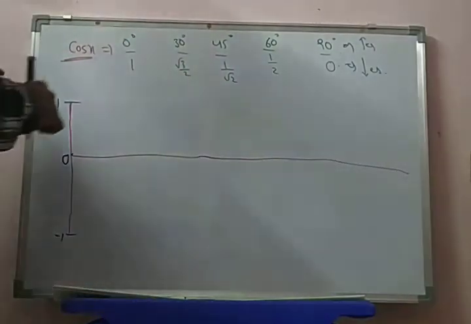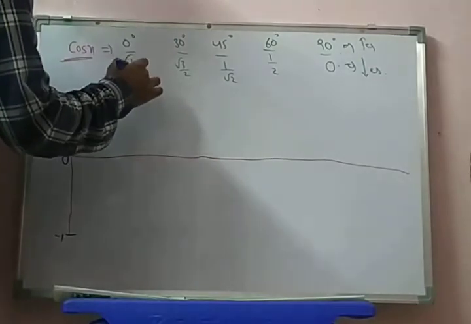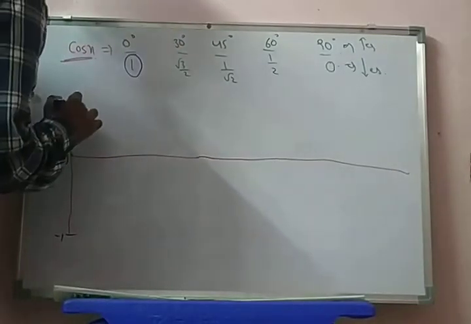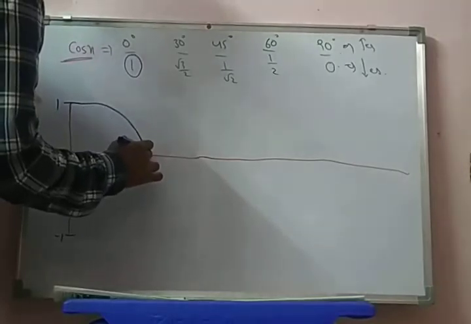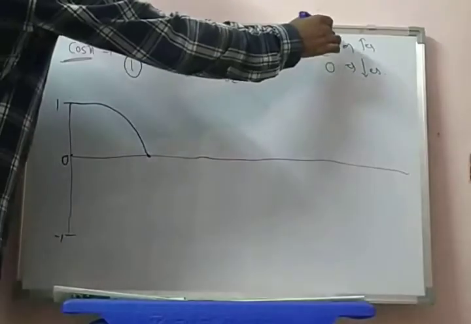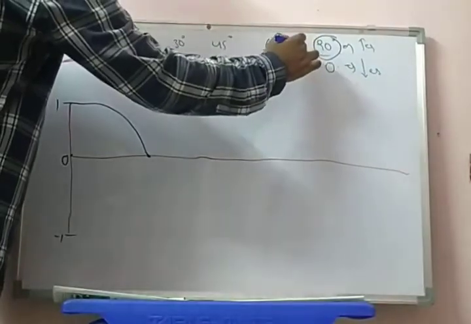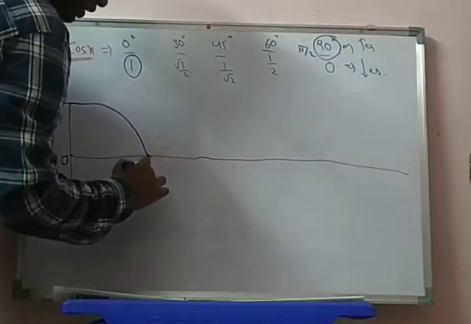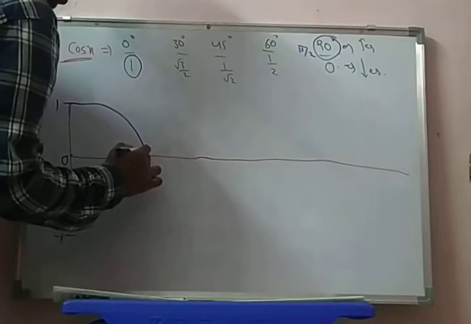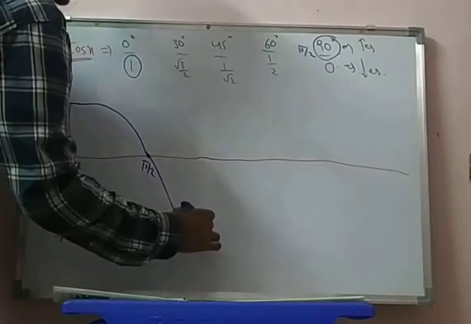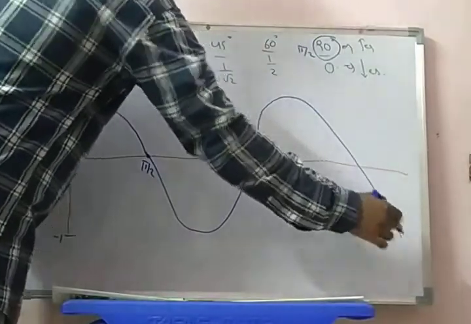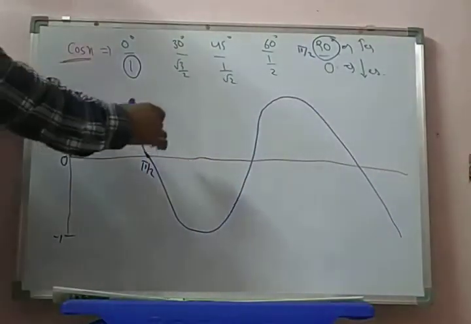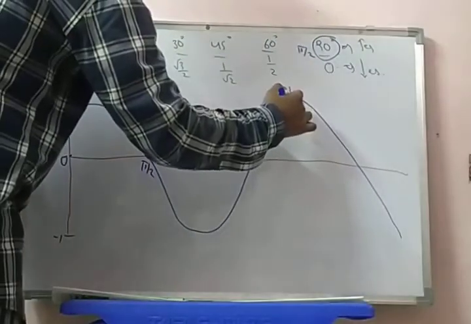Cos 0 is 1, so initially it starts at 1 and the graph comes to 0 at 90 degrees. 90 degrees is pi by 2, and again it decreases. This graph also proceeds like this.